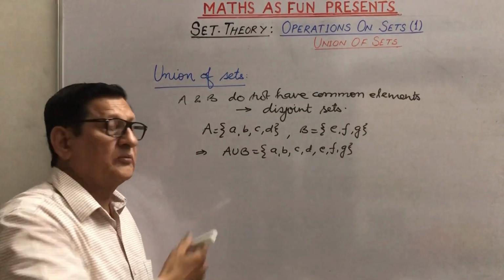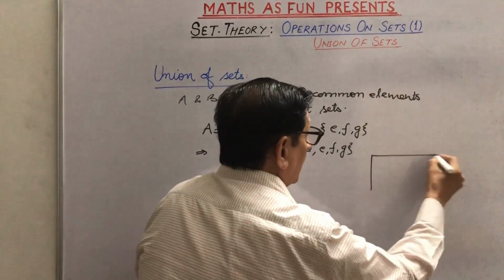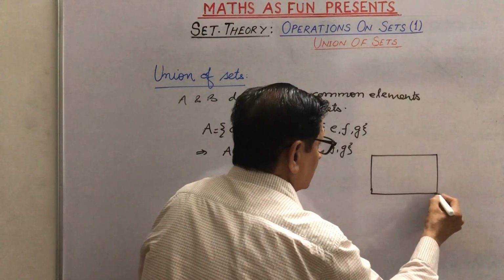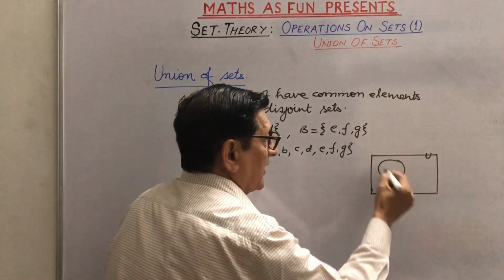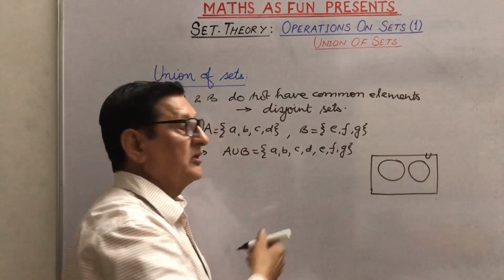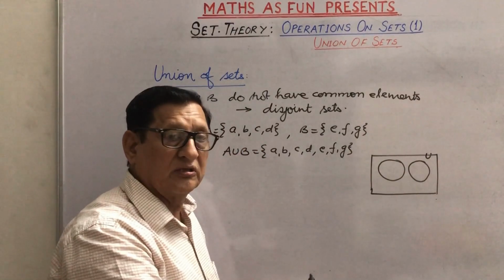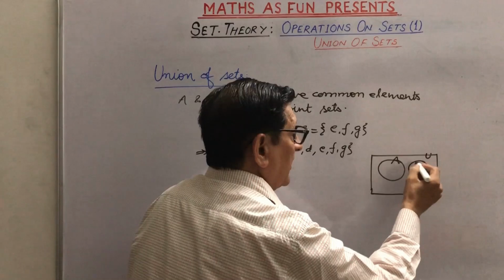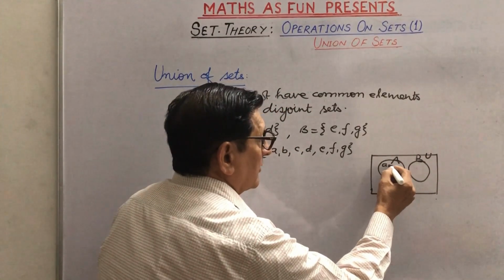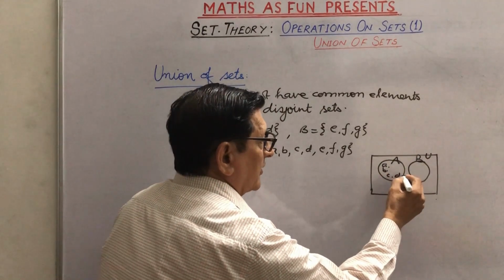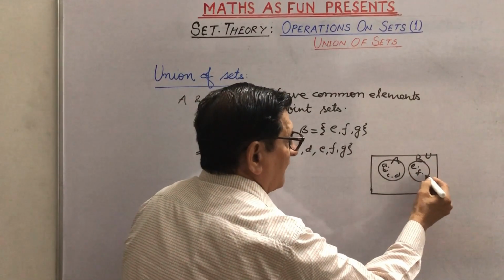And we know the Venn diagram of them. We are drawing U, the universal set, first. Then these two sets, A and B, because they do not have any common elements, they will be away from each other, not intersecting each other. This is set A and this is B. Elements of A: a, b, c, d. Elements of B: e, f and g.